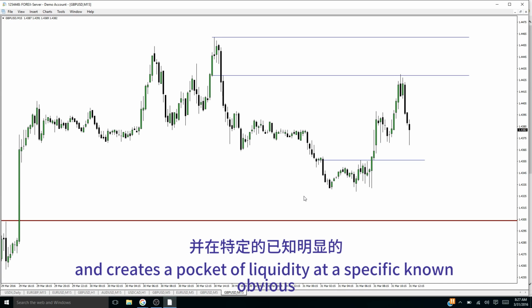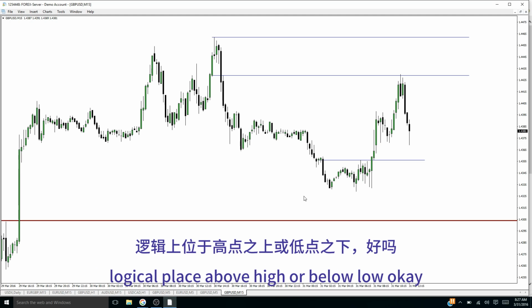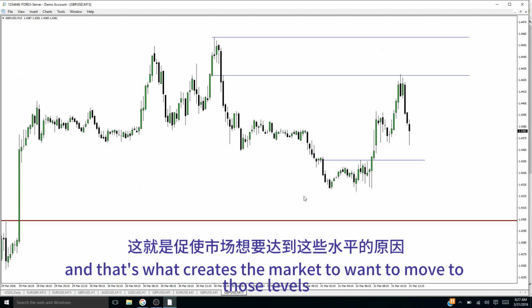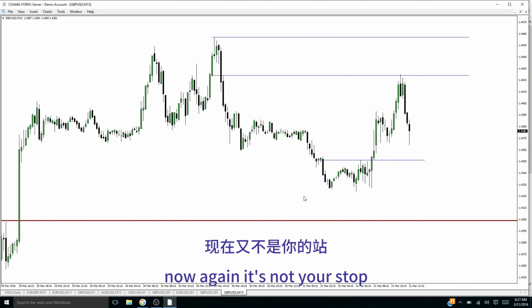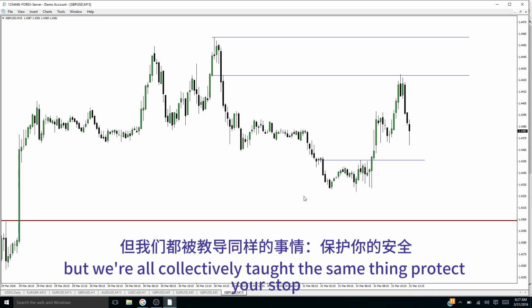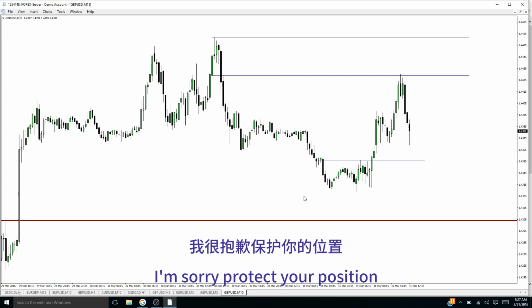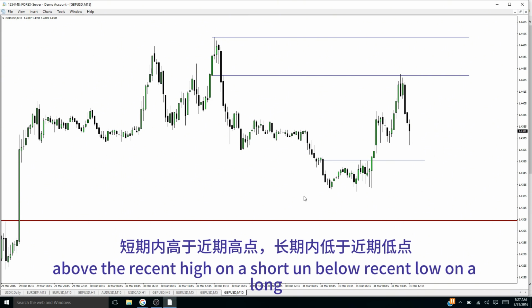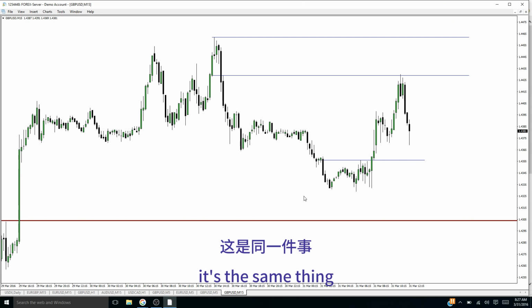Okay, it creates a pocket of liquidity at a specific, known, obvious, logical place above high or below low. Okay, and that's what creates the market to want to move to those levels. Now, again, it's not your stop, but we're all collectively taught the same thing. Protect your position above the recent high on a short and below a recent low on a long. It's simple. I mean, it's the same thing.